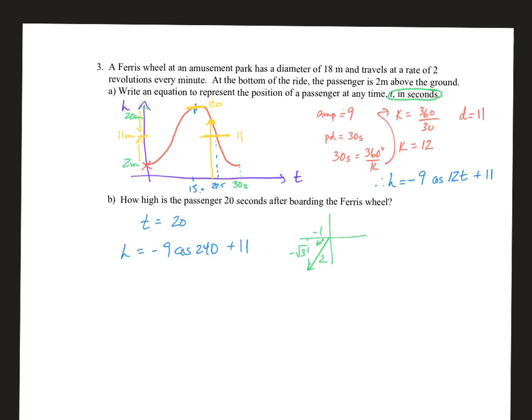For me to deal with my cos, then I'm talking about adjacent over hypotenuse. And so if I calculate that, then I have my 4.5 or my 9/2 plus 11, and that's going to get me to 15.5, and we're talking about meters. There we go. So hopefully not too bad.